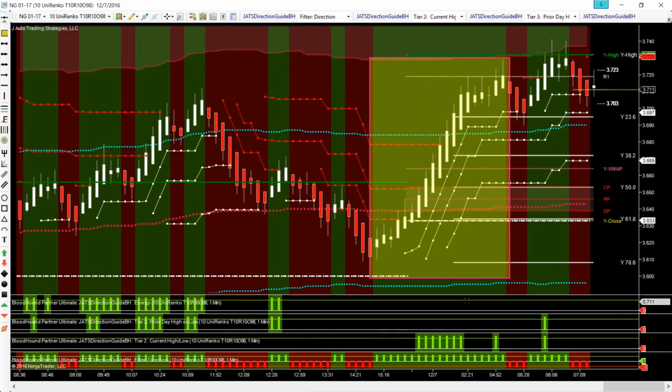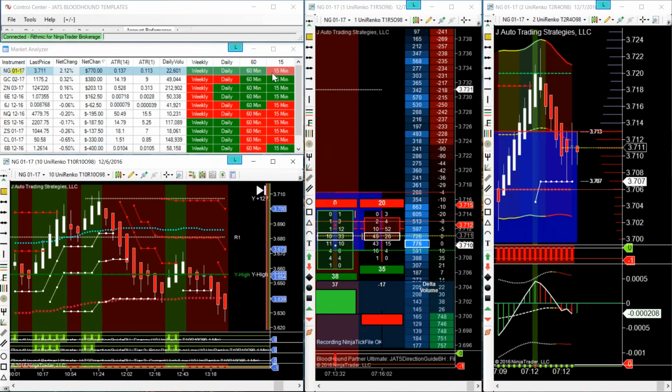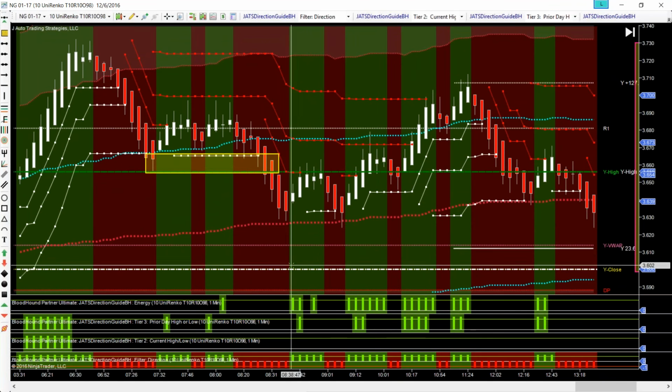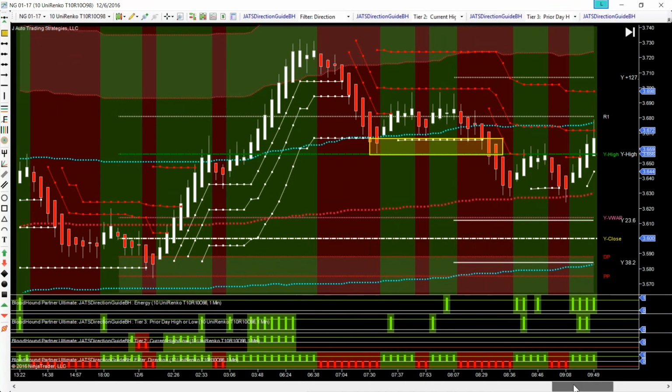I have a direction guide strategy, so during the regular trading hour session, I can tell whether the market's more inclined to go long or short, also from these bands, in addition to the weekly, daily, 60, 15. So when everything is matching up, you want to know what that looks like on the smaller time frame.